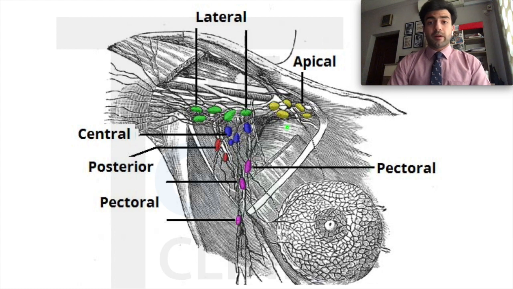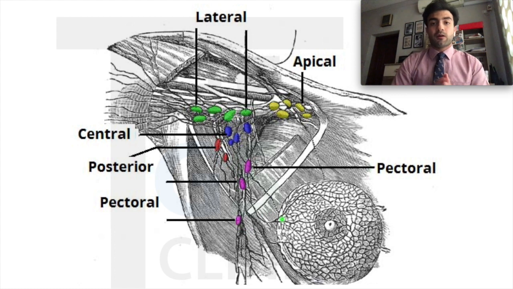Now, the lymph nodes of the breast, this is a very important topic for today. Basically, the breast has its lymph drained by two main groups. The first is the internal mammary, internal thoracic group of nodes, which drains the medial part of the breast, while the lateral part of the breast is drained by the pectoral group of the axillary lymph nodes.